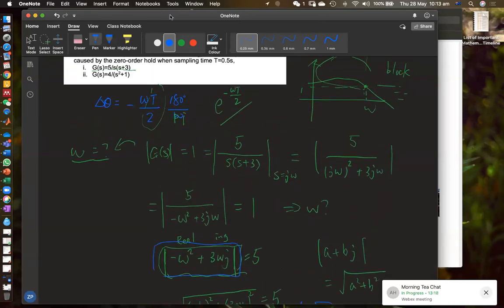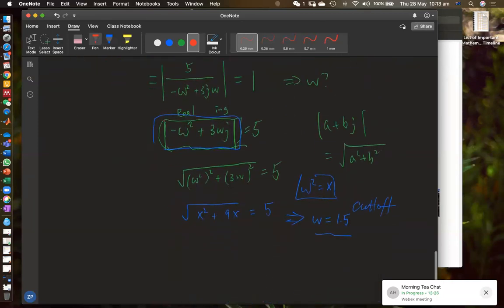phase is, we come back here, right? We have our omega and we have our T, and we just put it in there. So delta theta in the first case is negative omega T over 2 times 180 over pi.